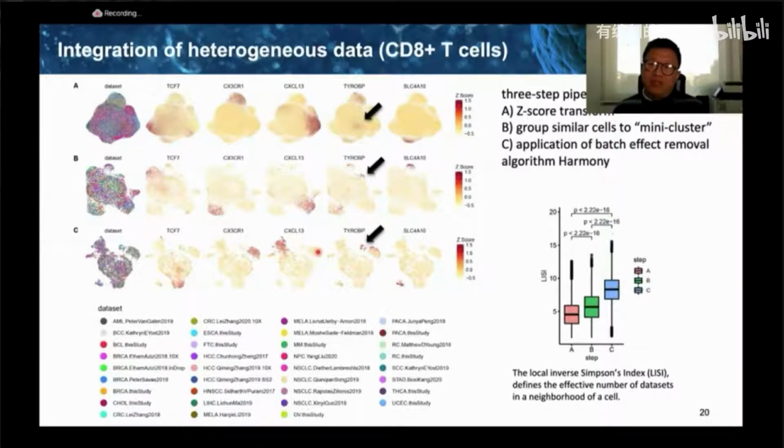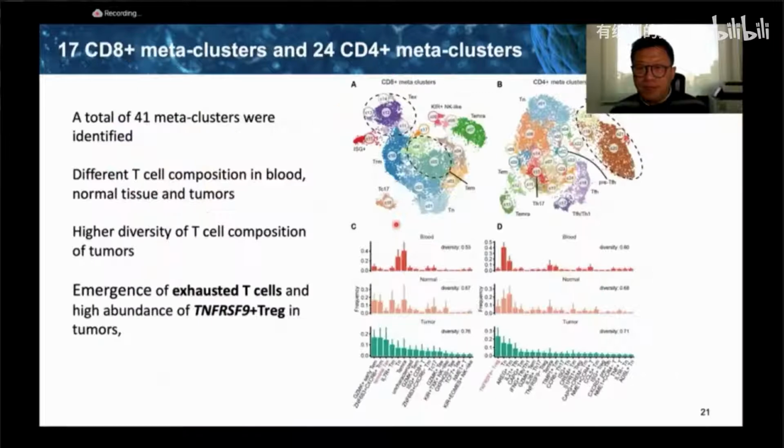We call this a meta cluster because it represents a cluster of mini clusters of cells. Overall, we obtained a total of 41 metaclusters, and all these metaclusters are shared by at least 80% of all cancer types, indicating the cells are really well mixed.